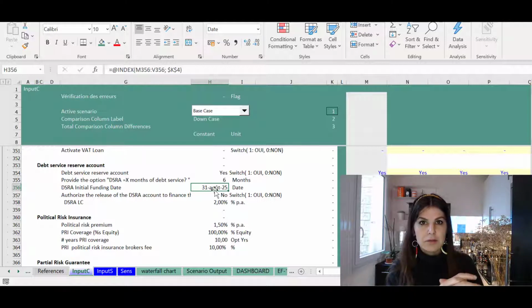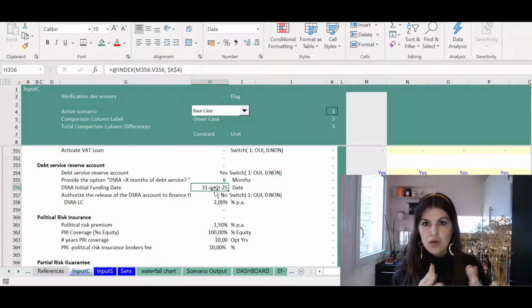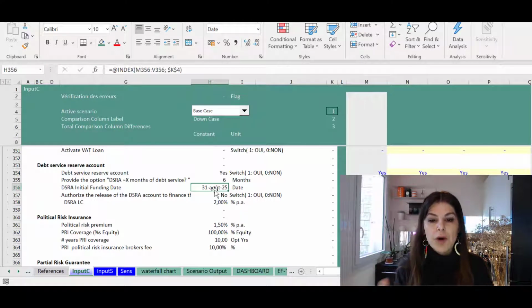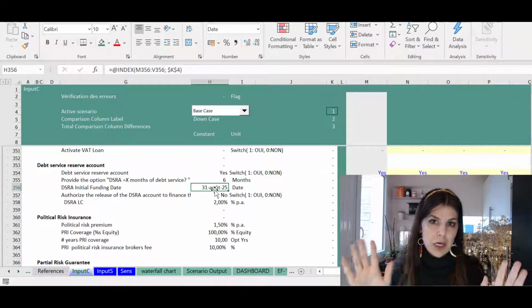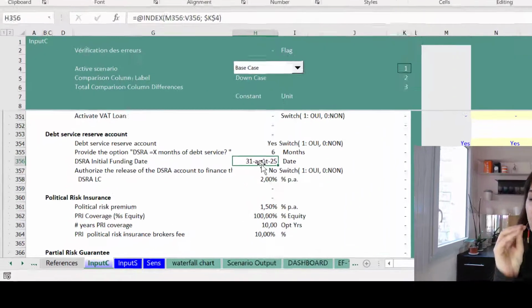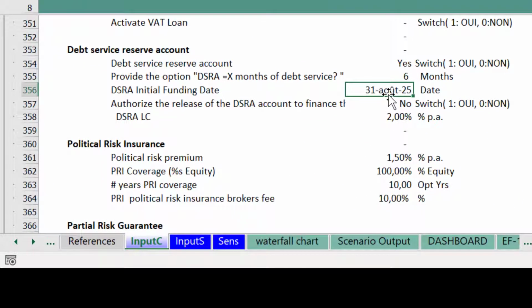It's just not rational, as we said, to accumulate interest on cash that is going to be used as a security during the repayment of the loan. However, there might be such a case, so I also provide flexibility for when this account is going to be pre-funded, at which point in time.